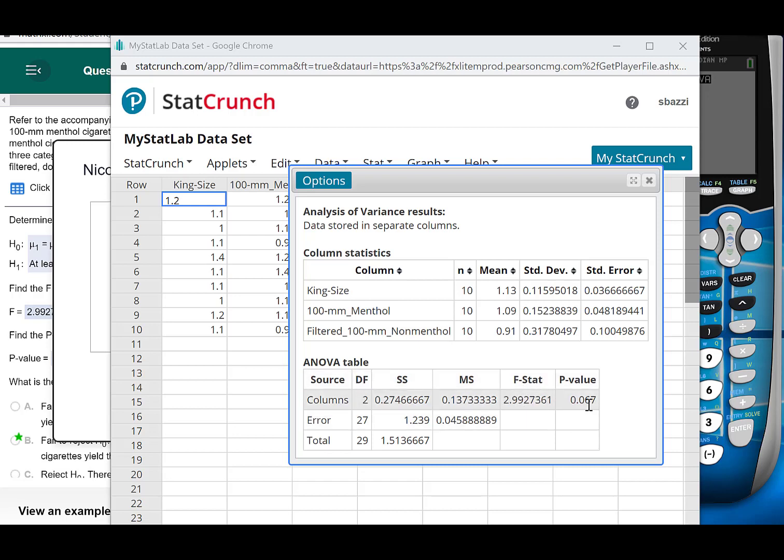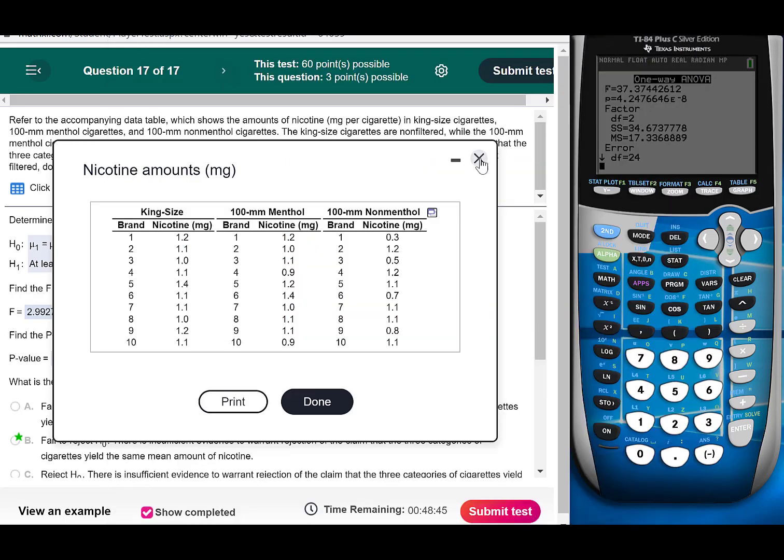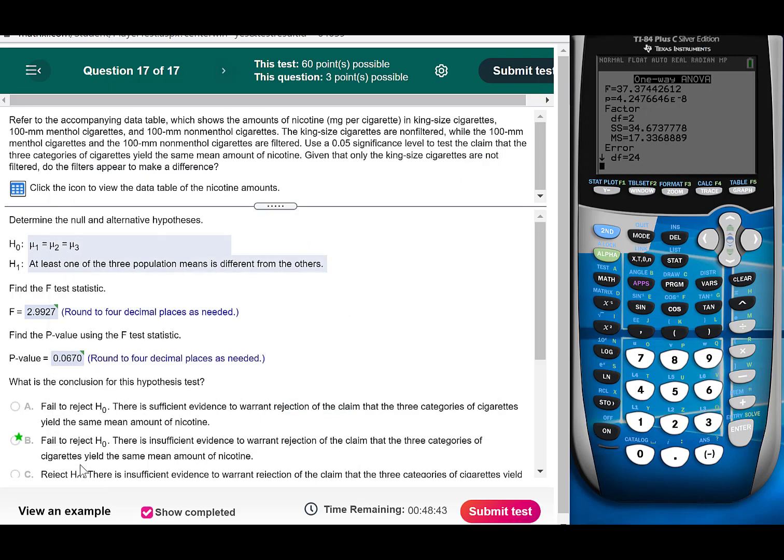And alpha is 0.067, sorry. So if this is the case, okay, I input the answers in there. So we fail to reject because this is bigger than alpha. Alpha is 5%, guys. So bigger than alpha, there is insufficient evidence to warrant rejection of the claim that all the 3 means are equal.